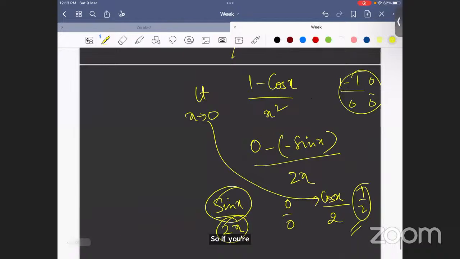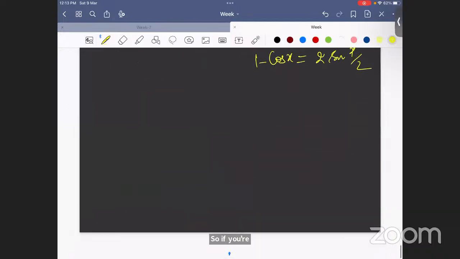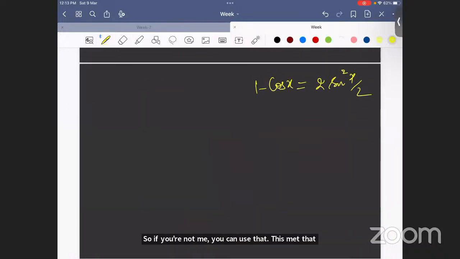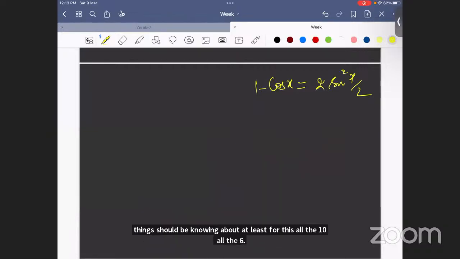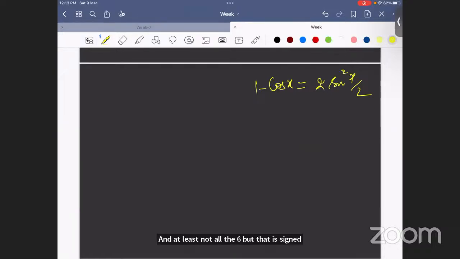To calculate limits, for the exam also, you should know at least some 5 or 10 differentiations. Not all 6 trigonometric functions, but at least sine, cos, tan. You should know some differentiation of log, and the exponential function e to the power x.